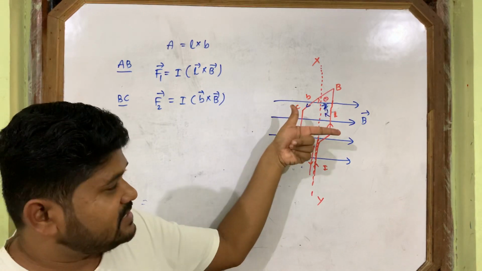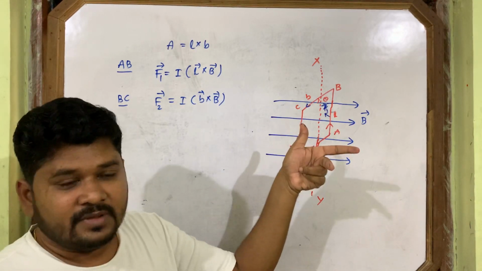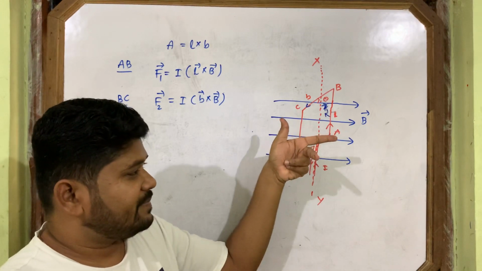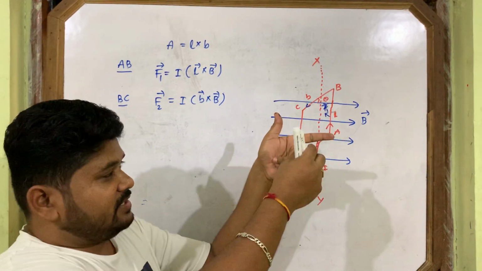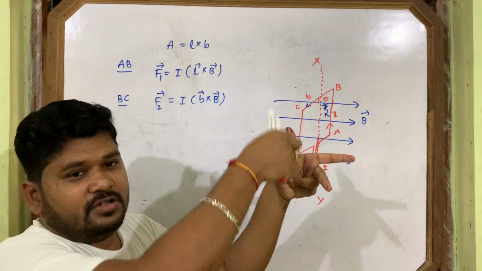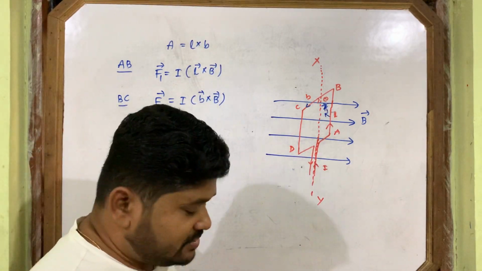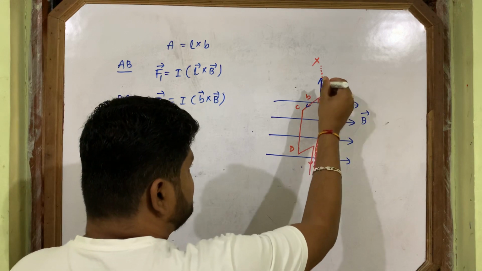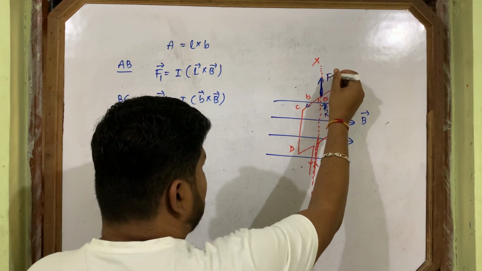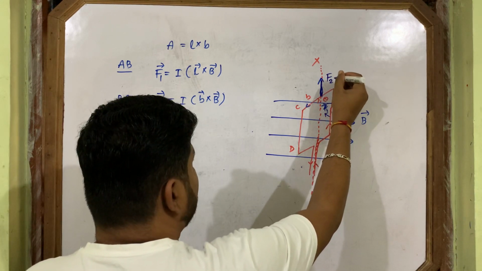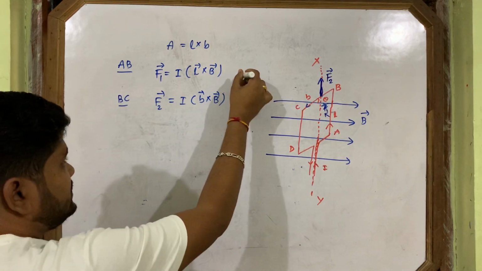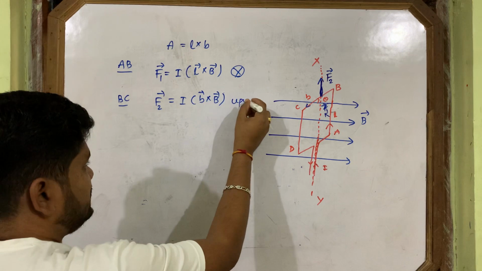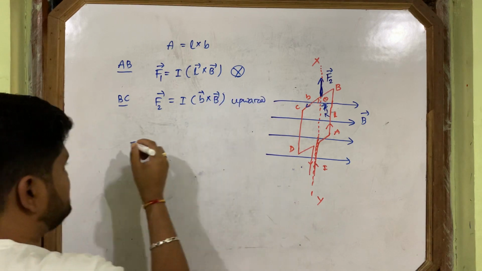Magnetic field is in this direction, current comes out. When this coil will be completely perpendicular, the current is coming out, and force is in the upward direction. This is the direction of the force along the axis of rotation, this is F2 vector. This is inward, perpendicular to the plane. This is upward, along the axis.